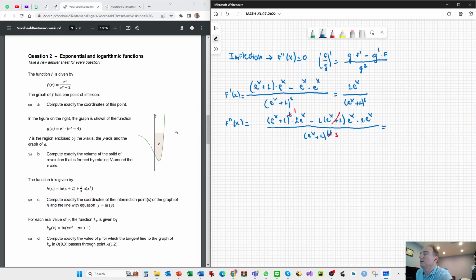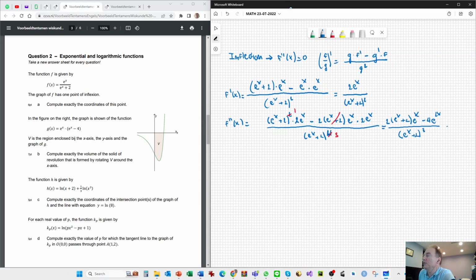So I get (e to the power x plus 2), I put the 2 in front, and e to the power x, minus 2 times 2 is 4, e to the power 2x, divided by (e to the power x plus 2) cubed.